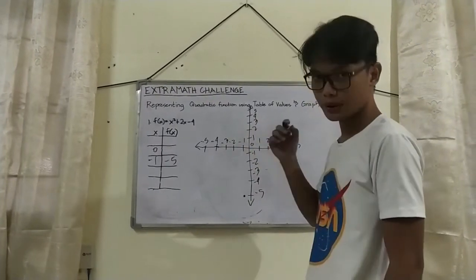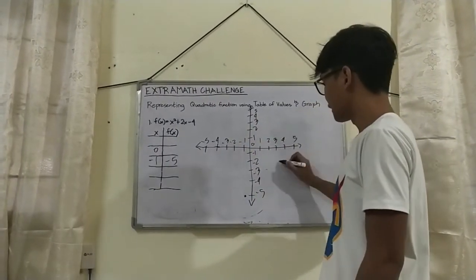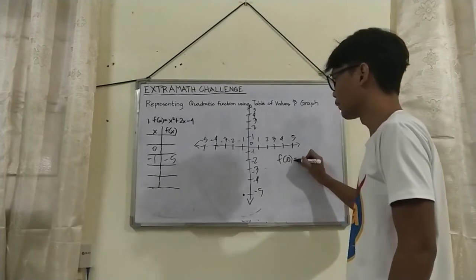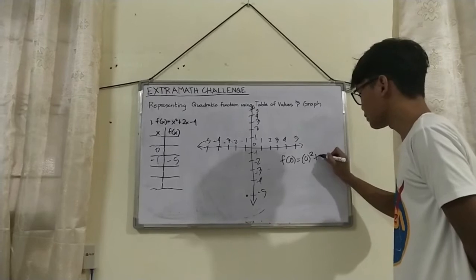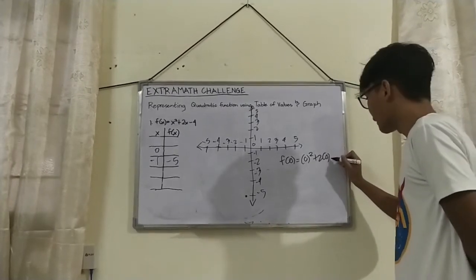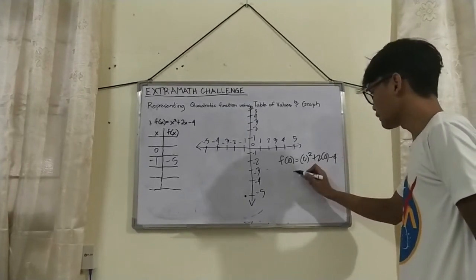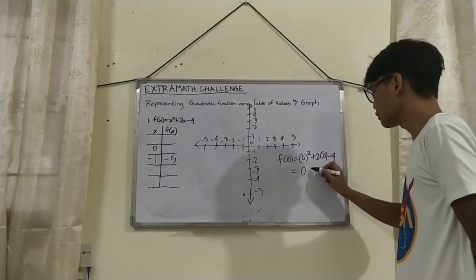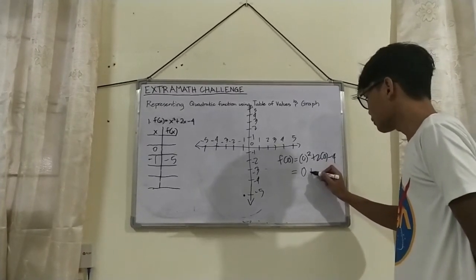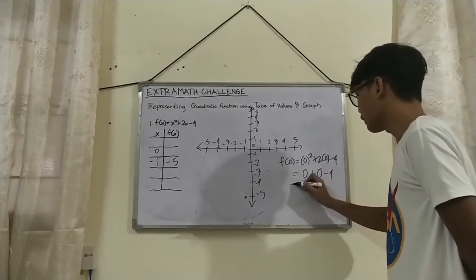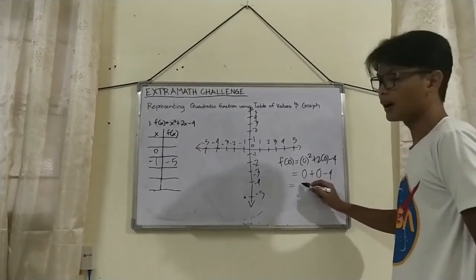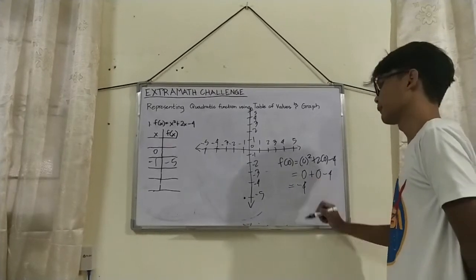If x is 0, we will have 0 squared plus 2 times 0 minus 4, which is equal to 0 plus 0 minus 4, and we will have an f of x, or y value, of negative 4.